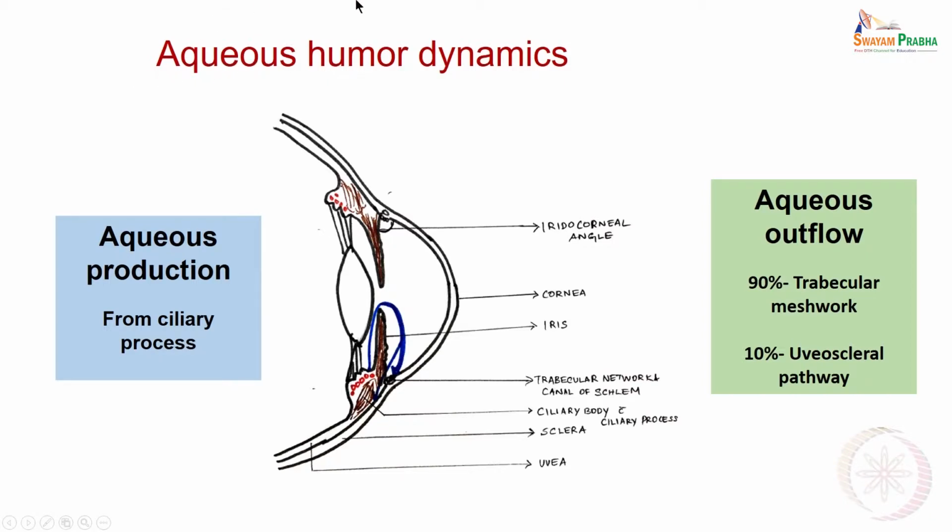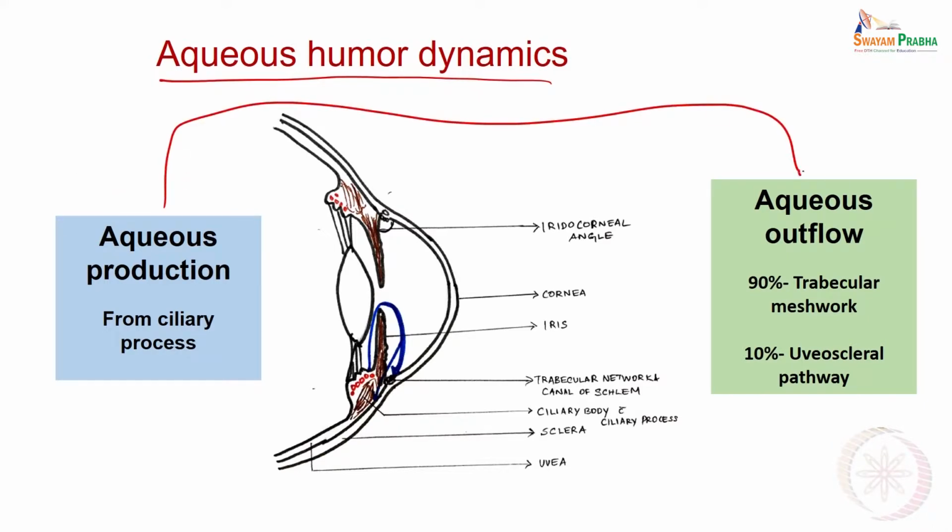This is a diagram which represents a simple way of aqueous humor dynamics. On one side you can see aqueous humor production, and on the other side the aqueous humor outflow. Aqueous humor production is from the ciliary process, and you see the ciliary body here, which makes the aqueous humor.